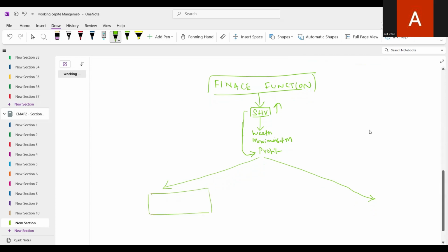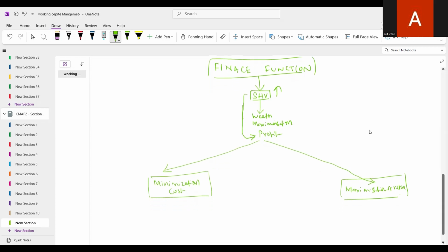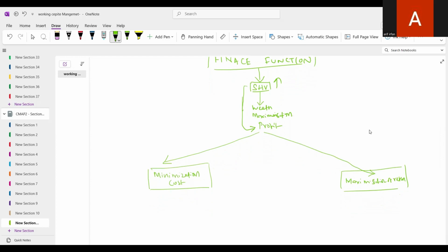One is minimization of cost, I'm talking about the broader concept. And the second thing is maximization of returns.